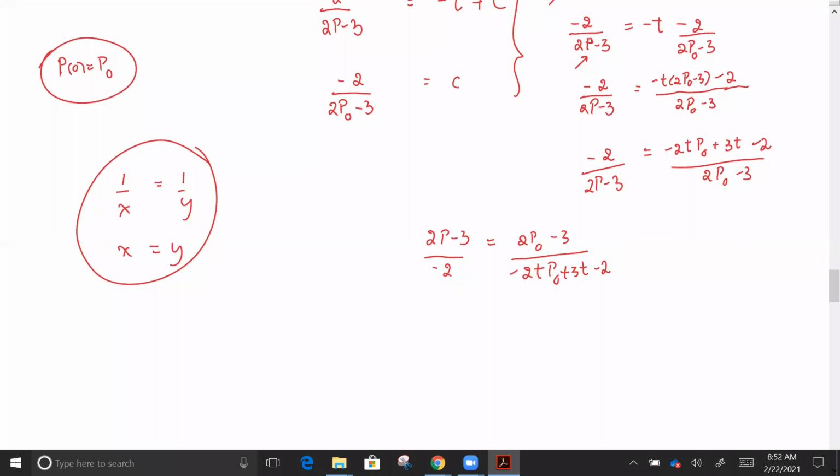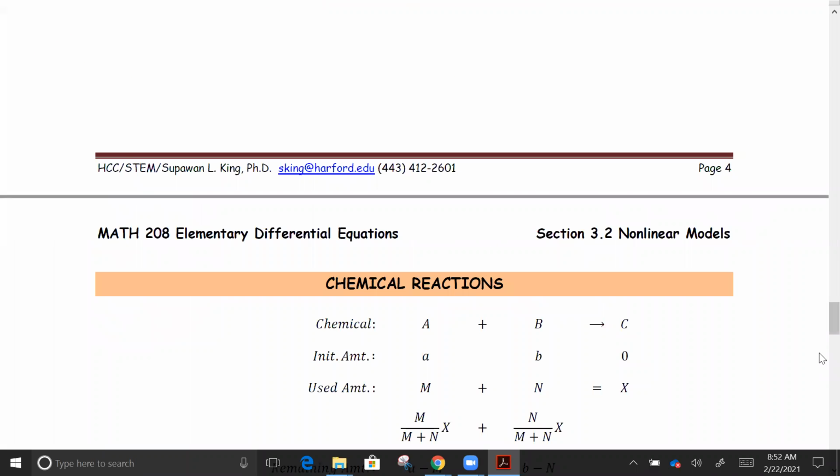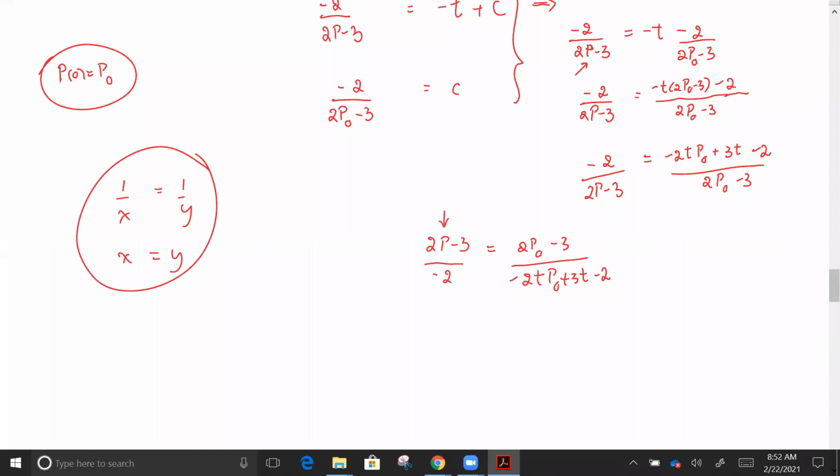And then we're going to clean up, solving for P. The P is one single term on the left hand side there. Peel it off one layer at a time. All right. Multiply all by negative 2. So we get 2P minus 3 equals negative 2 here.